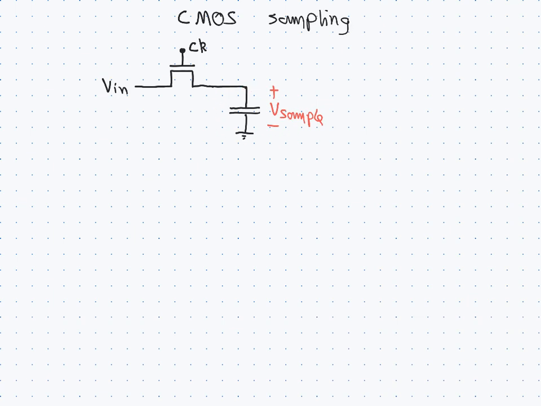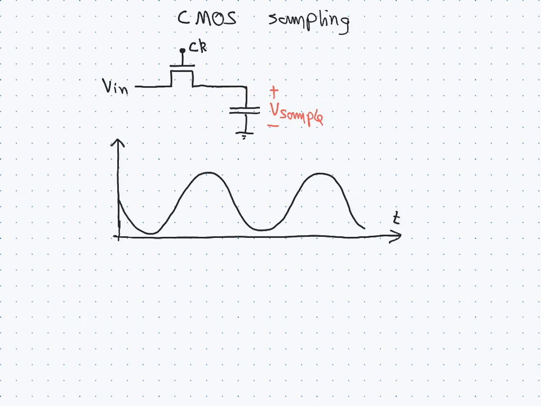To illustrate the process, let's think of a sinusoid-like input signal here and a sampling clock like this. So when the clock is high, the transistor will be conducting and the sample output will be equal to the input.